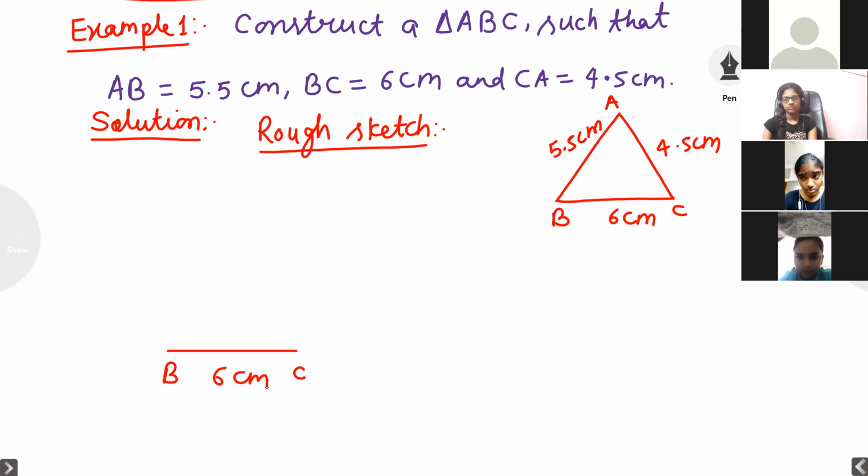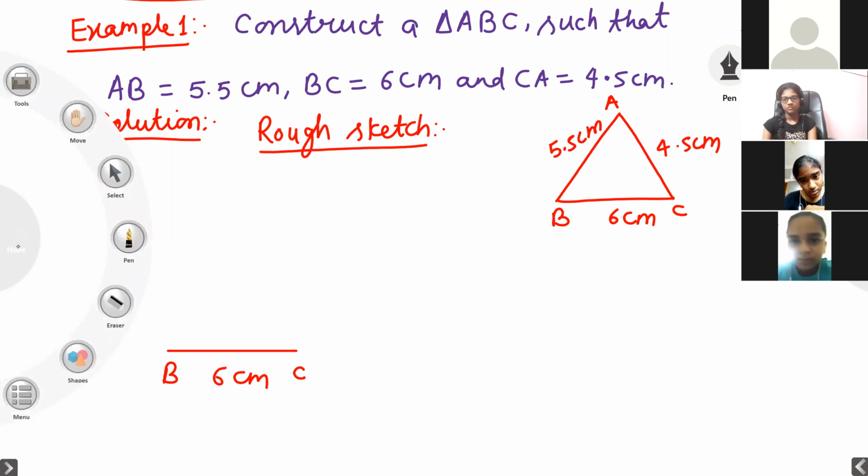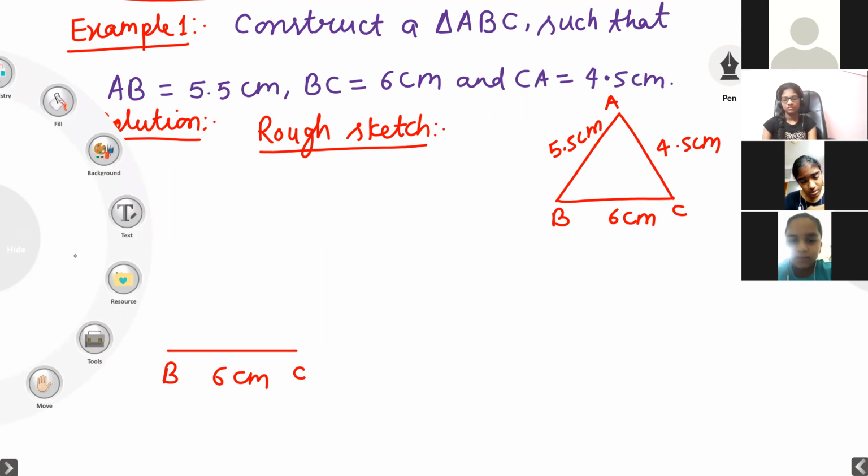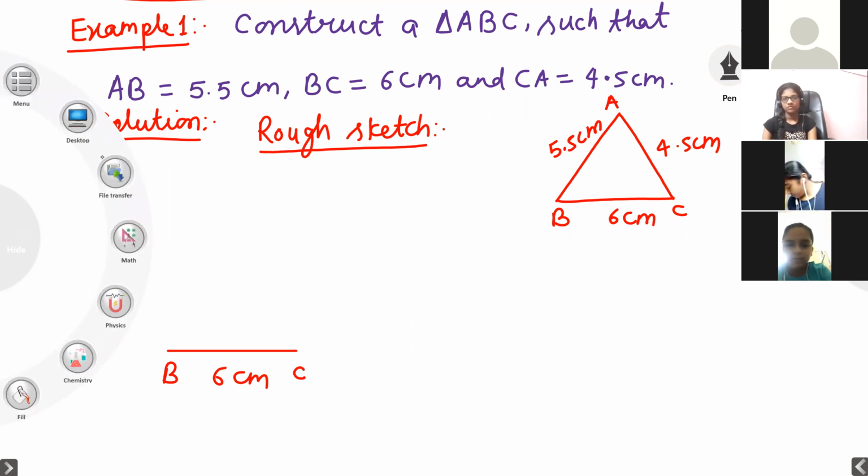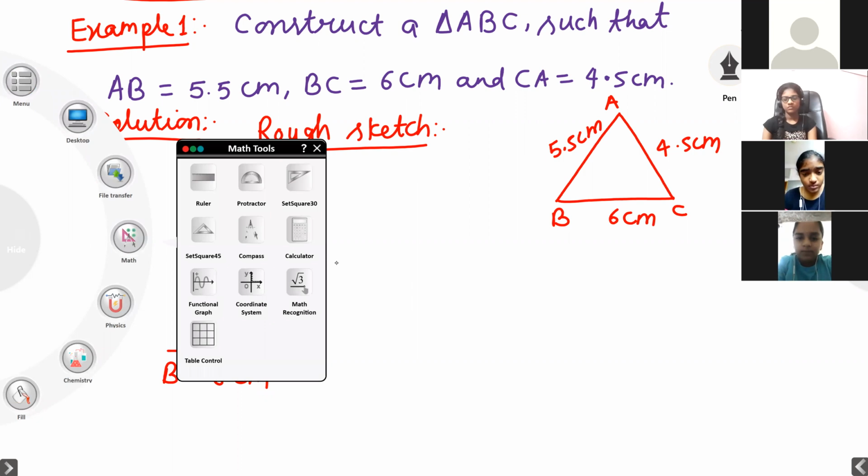Now 5.5 centimeter is there and 4.5 centimeter is there. I want to take B as a center. Listen carefully, everyone. What is the name of this?